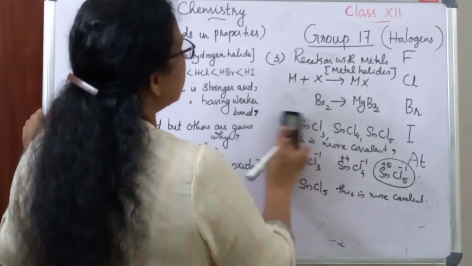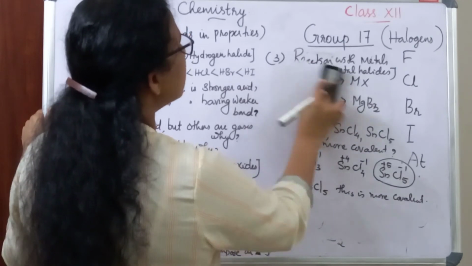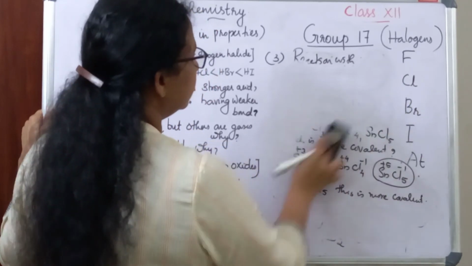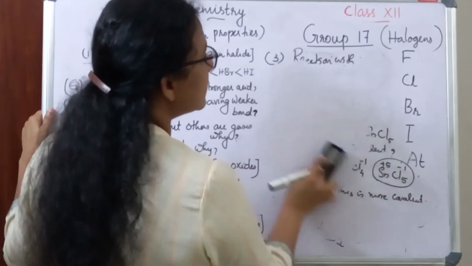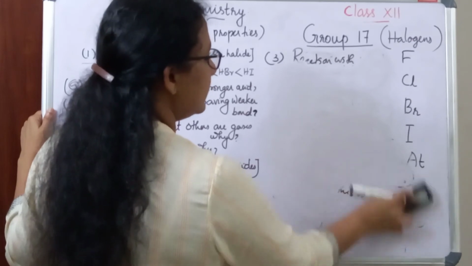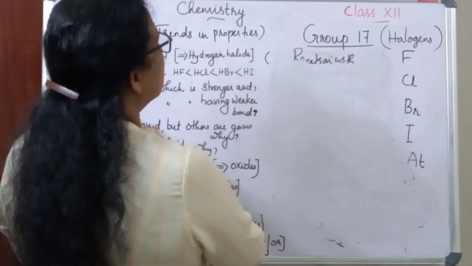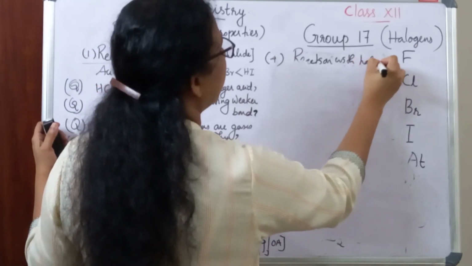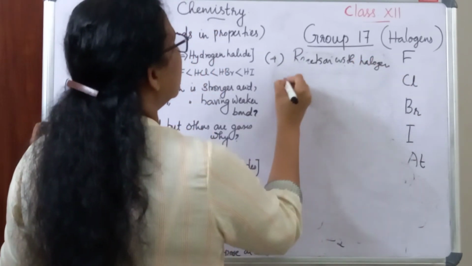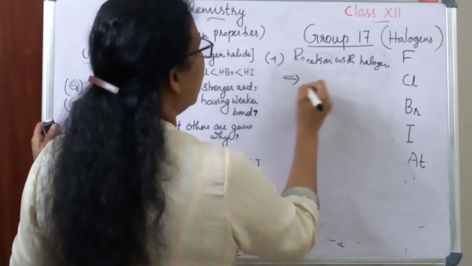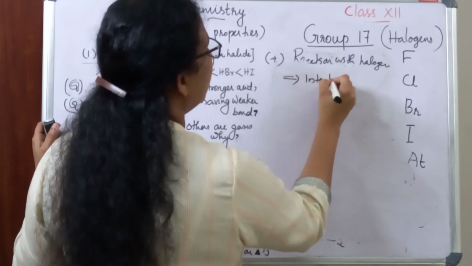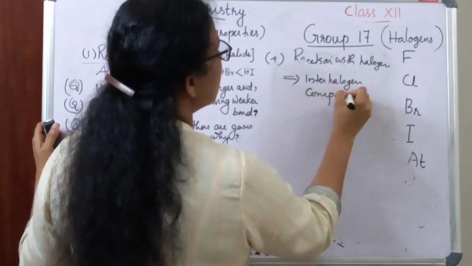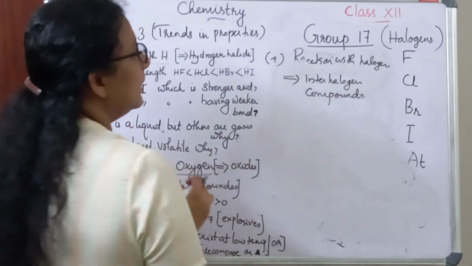Then let's see the next property, that is reaction with other halogens. These halogens will react with other halogens. It forms interhalogen compounds, which are compounds containing different halogens.